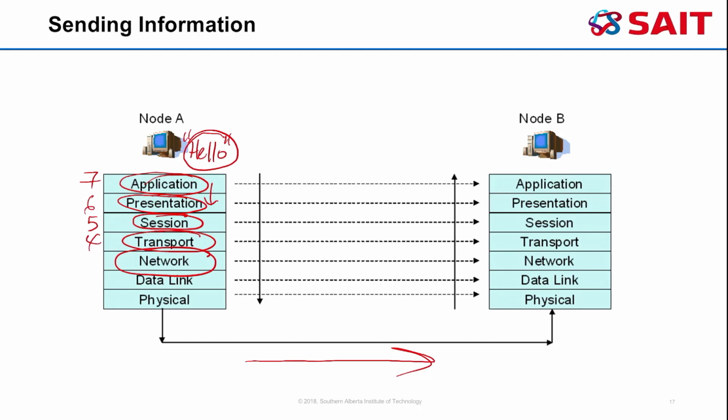Layer 3 is going to add the IP addresses necessary to move it through layer 3. Then you finally get the information required within the local area network for the data link layer, layer 2, and then it's got to be sent out over the physical connection, whatever that might be, an Ethernet connection or whatever, at layer 1.